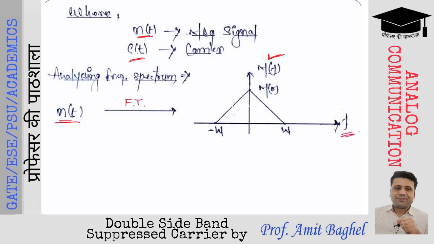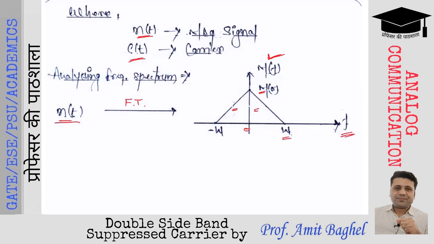The axis is the frequency domain f. This should be an even spectrum, hence whatever the value on the left hand side of the y-axis will be the same as on the right hand side. So we are going to get this type of spectrum where at f equals 0 we get M(0), and the bandwidth of this message signal is W. That means the frequency range is from 0 to W. पॉजिटिव साइड में जो फ्रीक्वेंसी रेंज है वो है 0 से W के लिए.